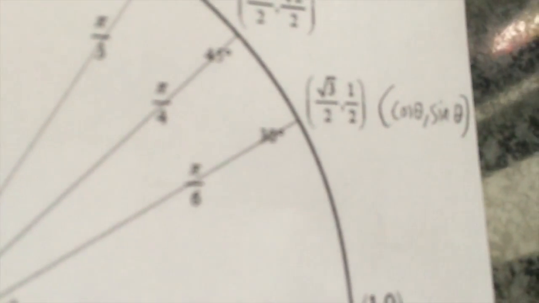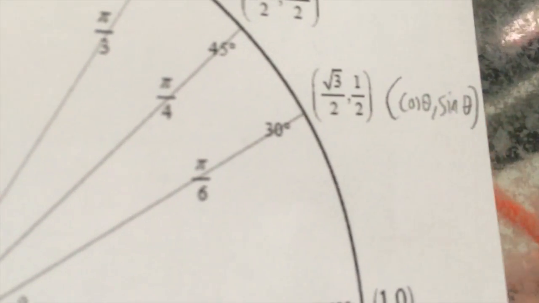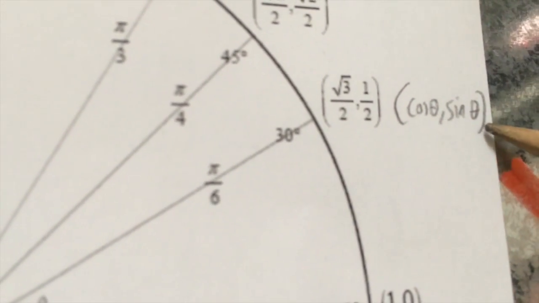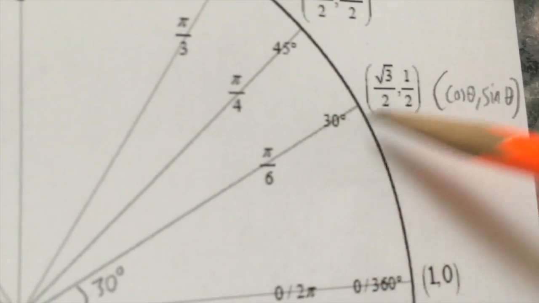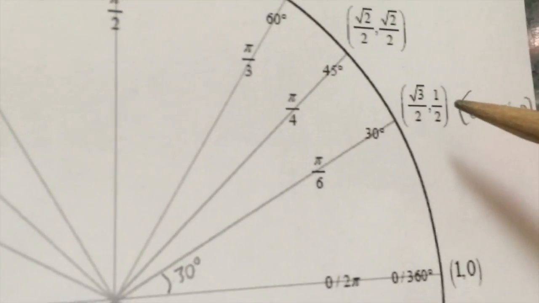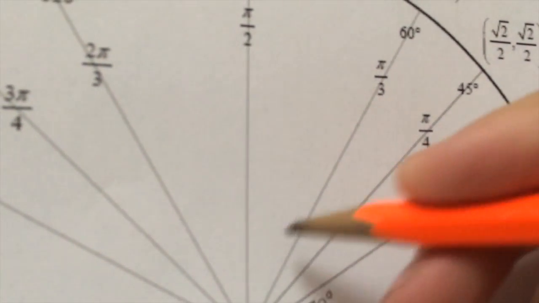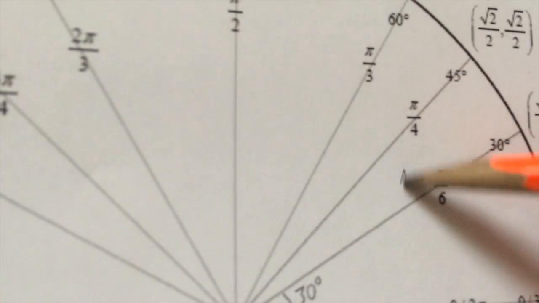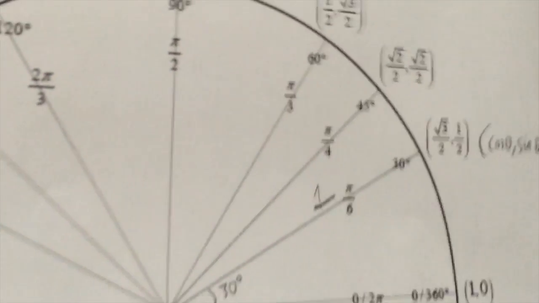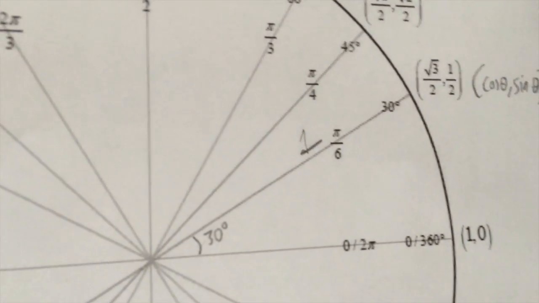So this is a true statement right here: root 3 over 2, 1/2 equals cosine theta, sine theta, and this is for the 30-degree angle in the unit circle. And in the unit circle, all the hypotenuses, or the radius, are 1 because it's one unit.